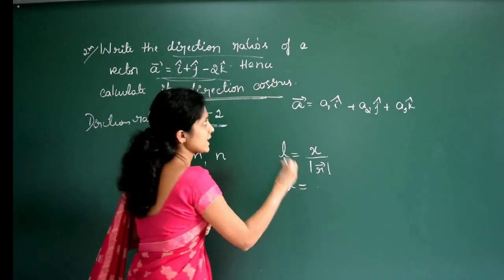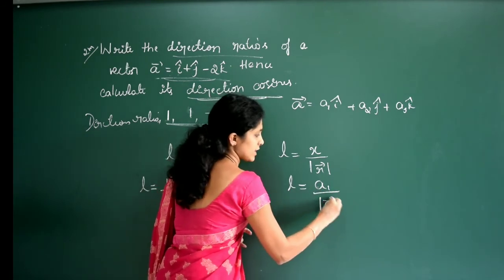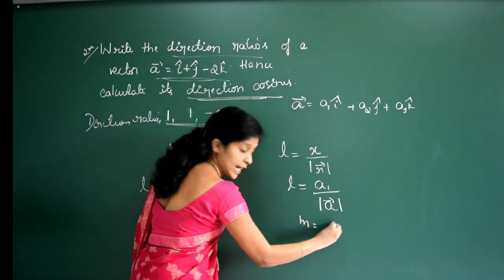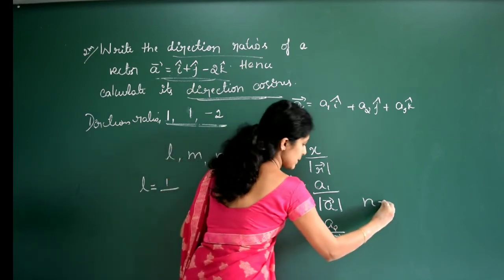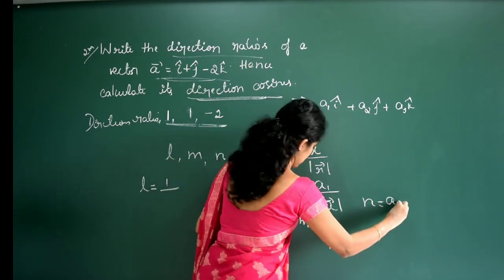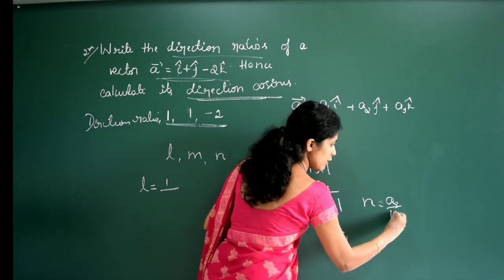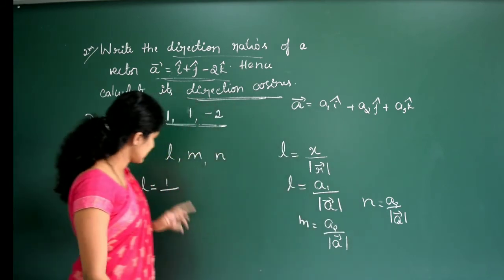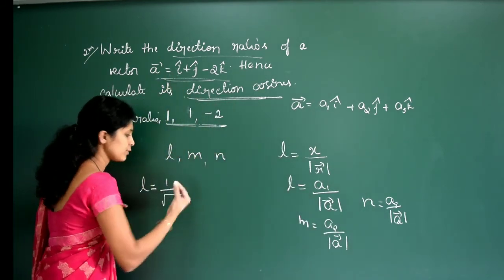Now l can be written as a1 divided by magnitude of a vector. m will be a2 divided by magnitude of a vector, and n will be a3 divided by magnitude of a vector. Is it clear? l is equal to a1, which is 1, divided by magnitude of a vector.